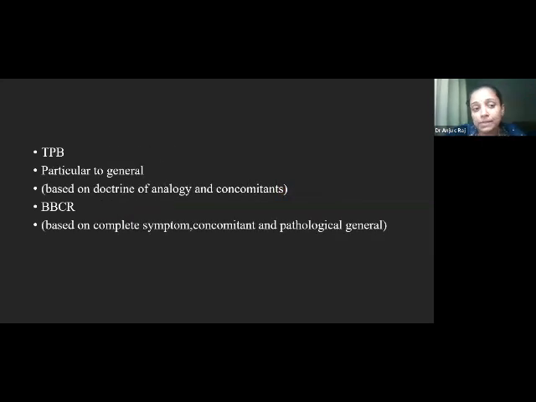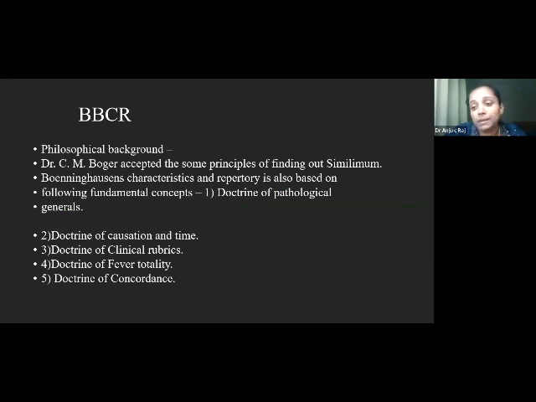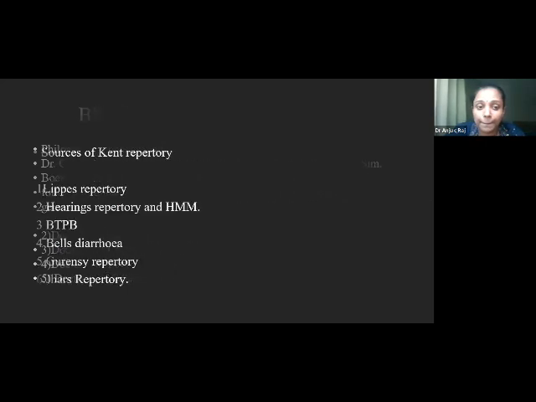And the TPB and BBCR are from particular to general. TPB is based on the doctrine of analogy and concomitants, and BBCR is based on the complete symptom, pathological generals and concomitants. In the BBCR, you also want to remember these fundamental concepts: doctrine of pathological generals, doctrine of causation and time, doctrine of clinical rubrics, doctrine of fever totality, and doctrine of concordance. Just go through it.